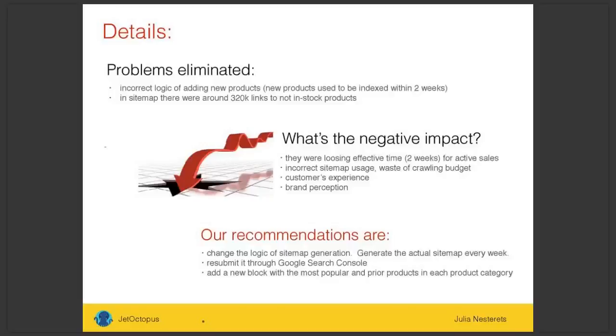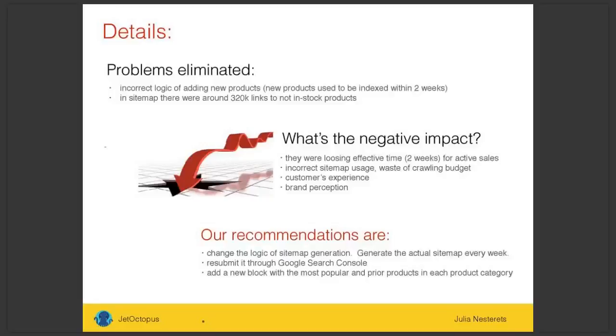So the negative impact of these problems was, first of all, they were losing effective time for active sales, because when they had new products, they had to wait 2 weeks to get them online and visited by bots. Incorrect sitemap usage and waste of crawling budget. Also, bad customer experience, because finding products which are not in stock is not good.